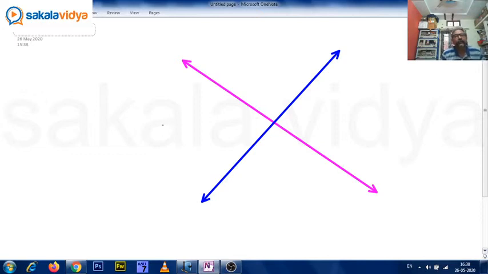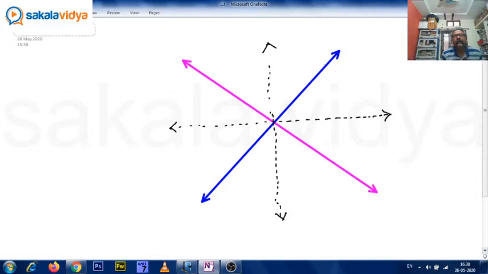For example, this is a line bisecting the angle between these two lines. This is another line bisecting the other angle. Dotted lines. For example, say this is L, this is M. Say this line is P, this line is Q.